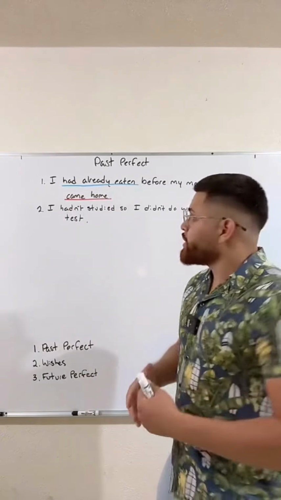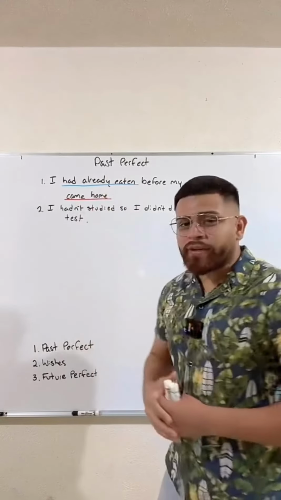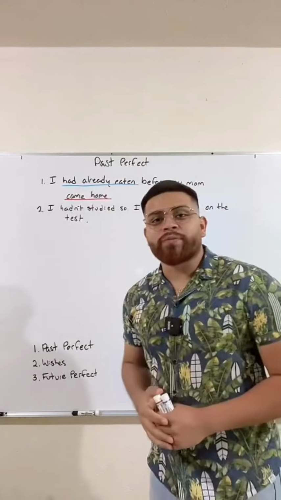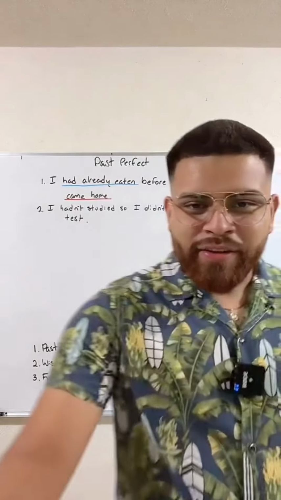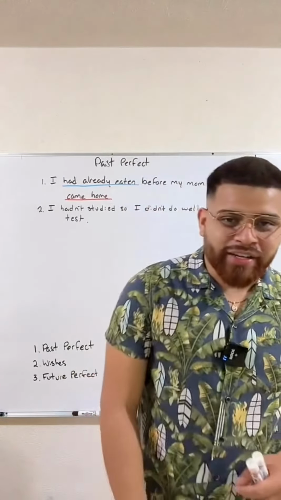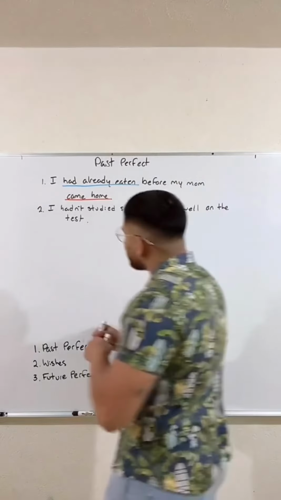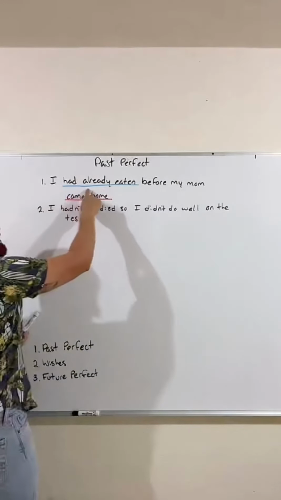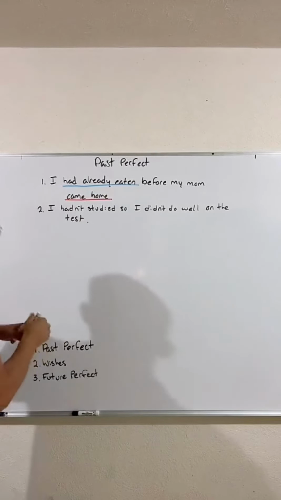Had already eaten or came home? Which of those two verbs is in the past perfect? Hello, Wicho. Johan, good job. Eaten. All right, yes. This right here is the past perfect.